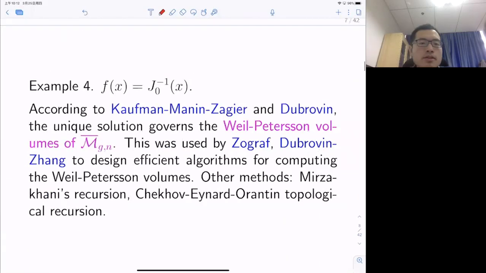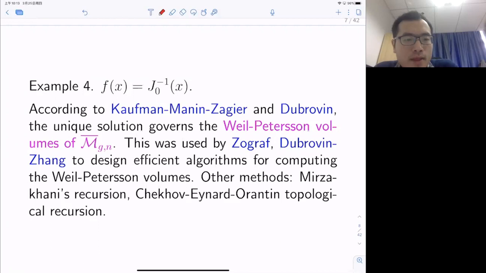The next example is when the initial data is given by the inverse function of the zeroth Bessel function. In this case, according to Kaufmann, Manin, and Zagier, and also Dubrovin's observation, the corresponding unique solution governs the Weil-Petersson volumes of M_{g,n} bar. This important observation was used by Zograf and Dubrovin-Zhang to design efficient algorithms for computing the Weil-Petersson volumes.